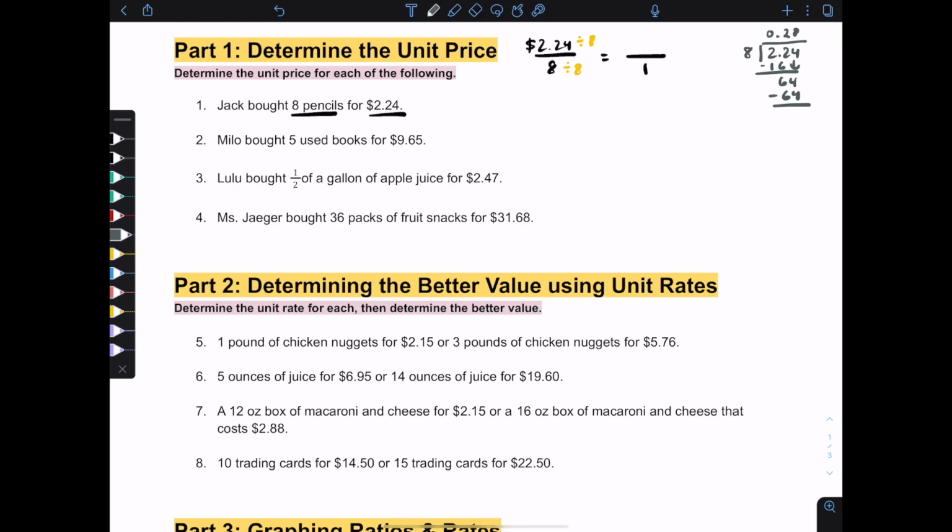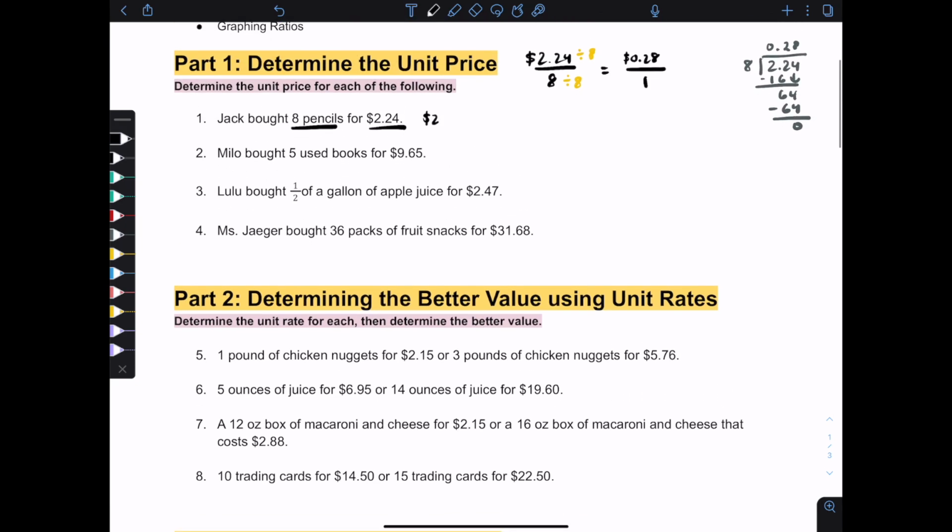So, excuse me, that's going to be 0.28, or 28 cents per 1 pencil. So I'm just going to write that here. It's 28 cents per 1 pencil. And that will be the answer for this first question. Okay. So number 1, all done.